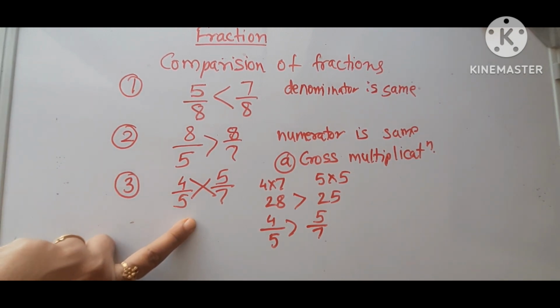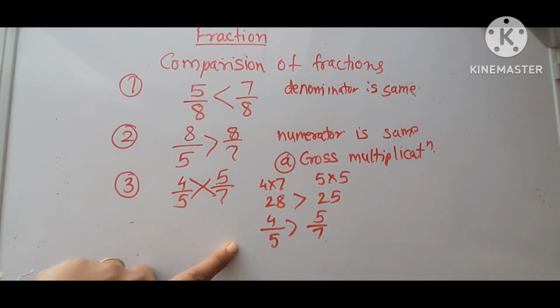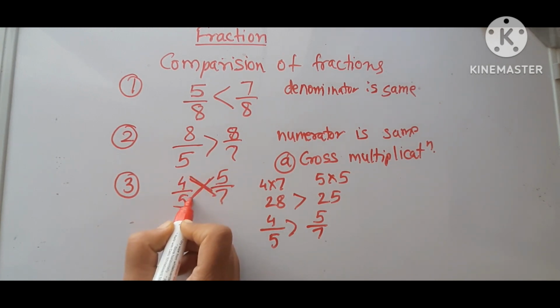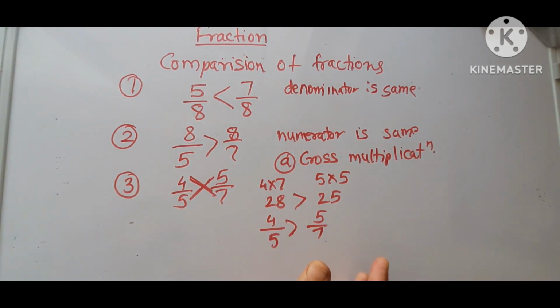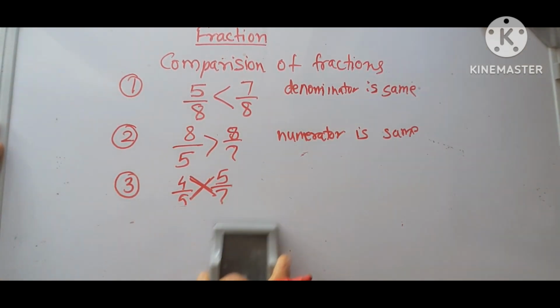So if the numerators and denominators are not the same, the first method by which we can find the comparison is cross multiplication. Cross multiply the numbers, and then the larger number means the greater fraction.